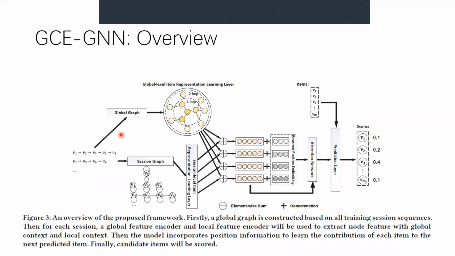Yeah, kind of. So like in this GCE-GNN, I think your concern is that the next click items might already be seen. But given a session, it will not be seen in the session graph because the session graph will only contain the previous click items. It might be seen in the global graph.